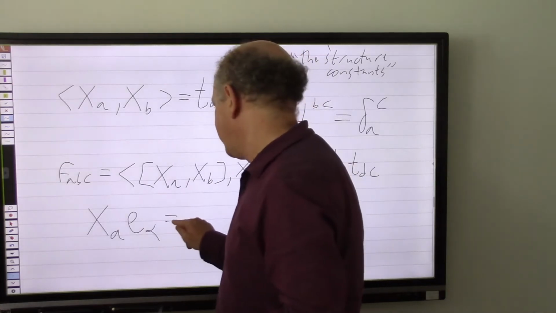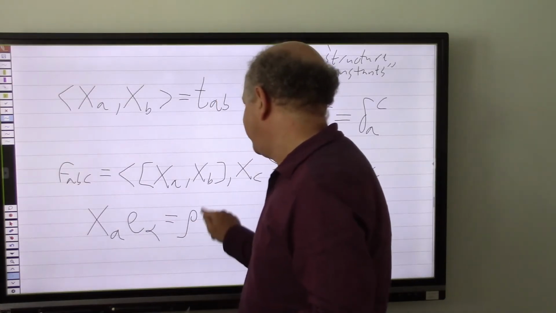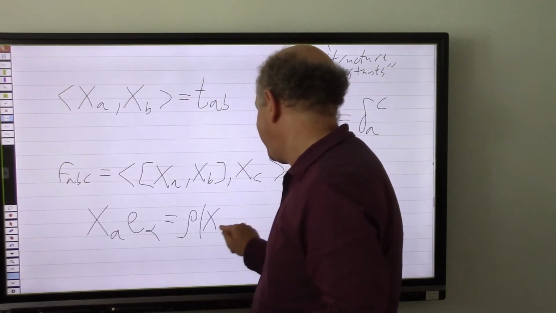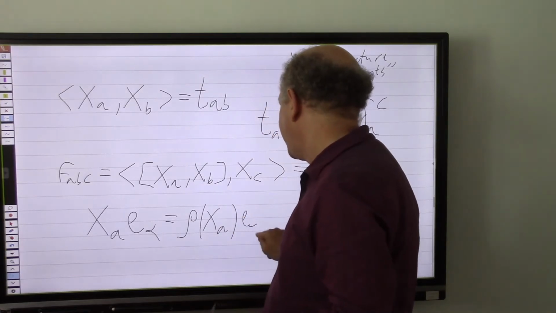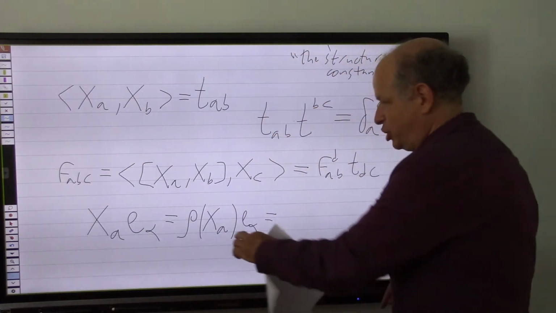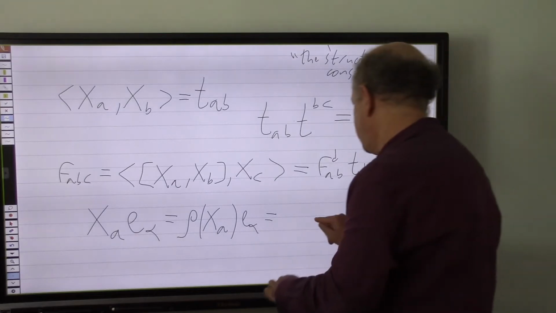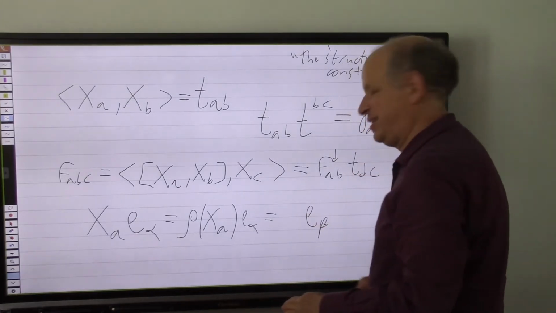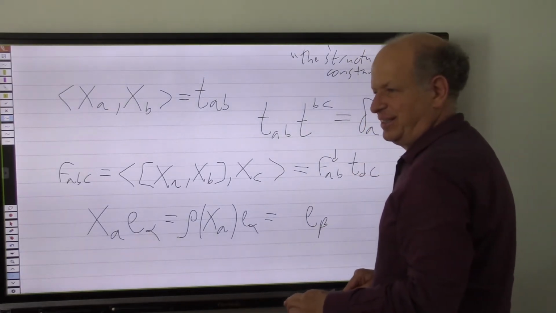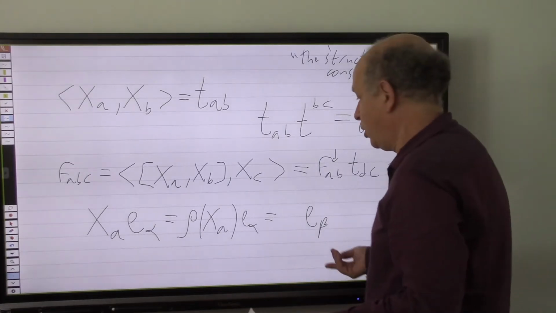More fully, I should have written this as the representation of x_a acting on E_alpha. This should be a linear combination of E_betas, so I need to give a name to the coefficients.